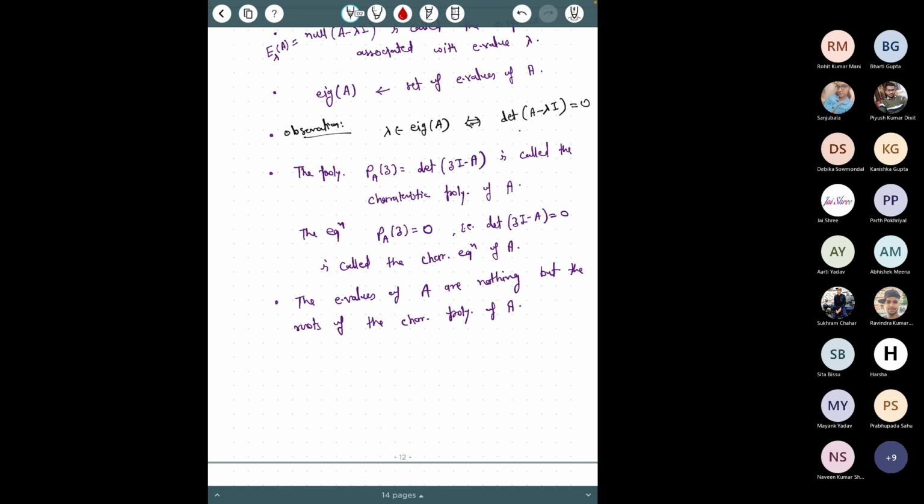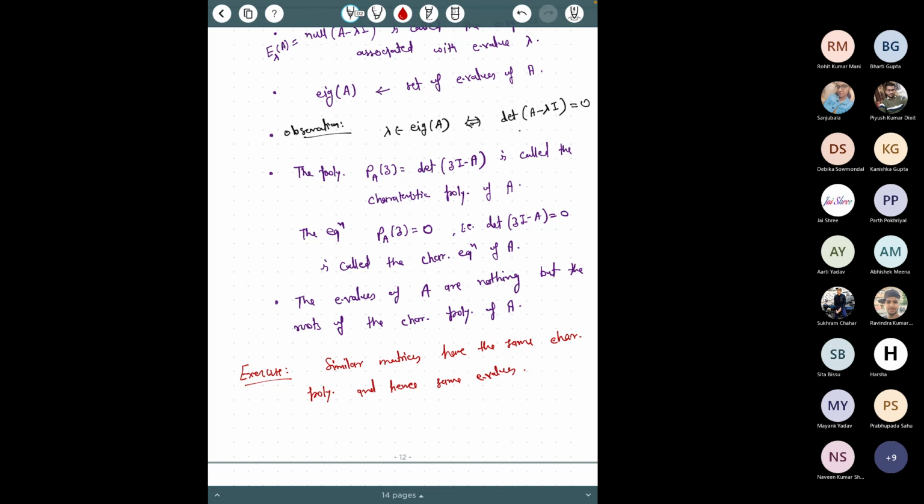So I can give you this as an exercise, that similar matrices have the same characteristic polynomial and hence the same eigenvalues.